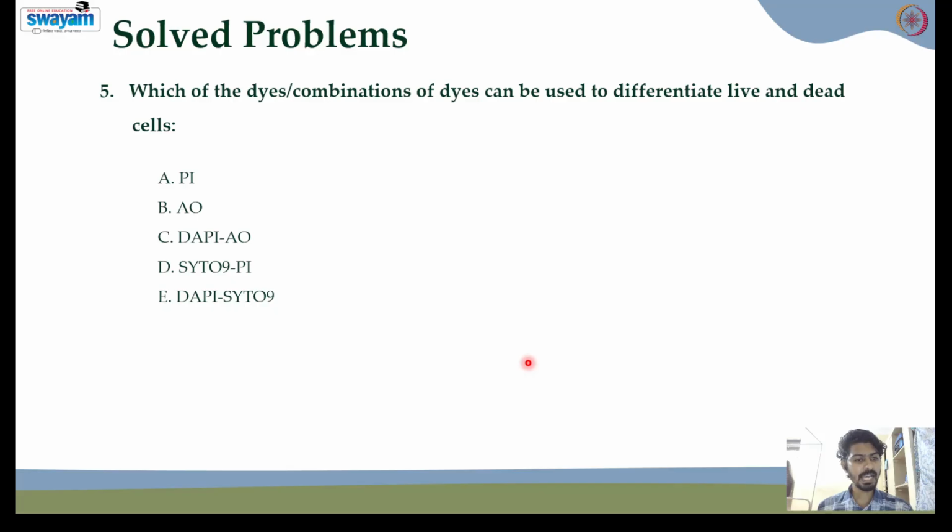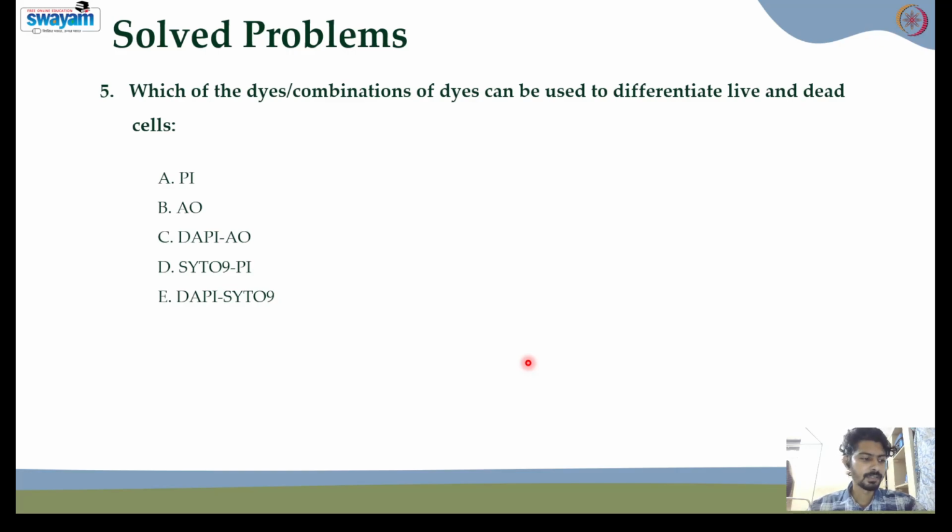Option A, PI, option B, AO, option C, DAPI with AO, option D, SYTO9 with PI, option E, DAPI with SYTO9. So, which of these dyes or combination of these dyes will be used to differentiate live and dead cells?